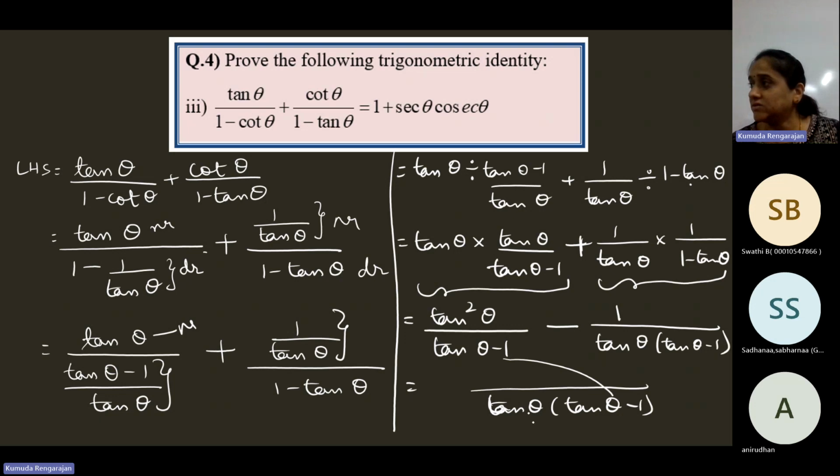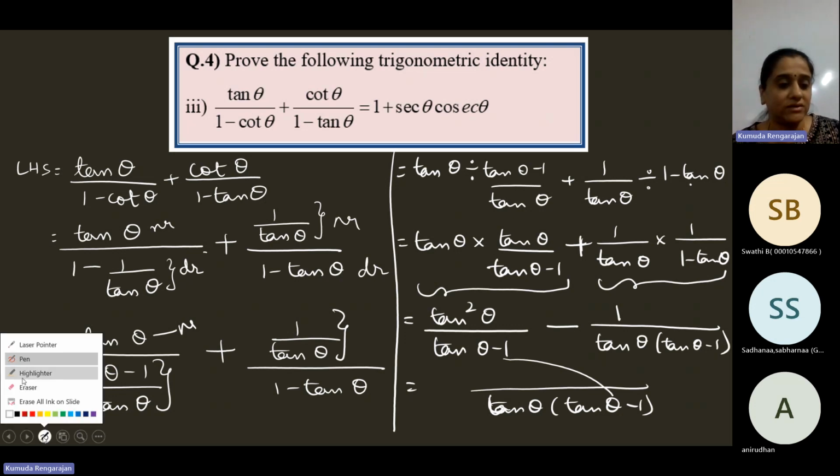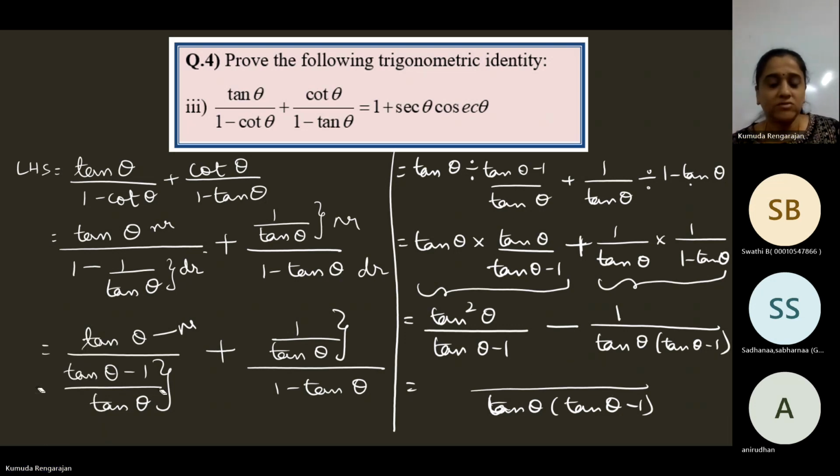What's not there? Tan theta. So you should multiply the numerator with tan theta. So tan square theta, there's already a square, into tan theta, so tan cubed theta. Tan square theta into tan theta is tan cubed theta. Minus, here everything is there, so minus 1 as it is, because the same denominator it is.